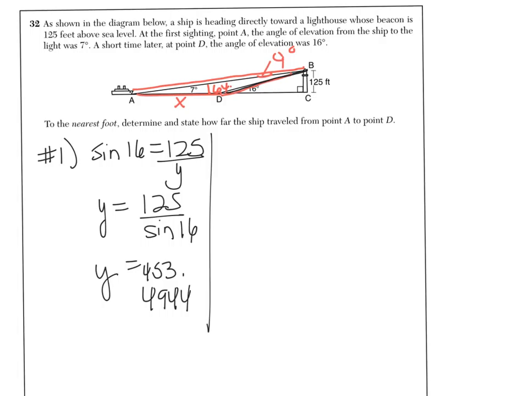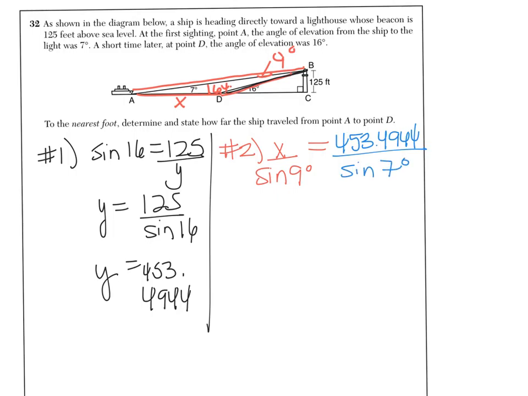So using this value, I'm going to set up my law of sines. So x over sine of 9 degrees is equal to 453.4944 over sine of 7 degrees.